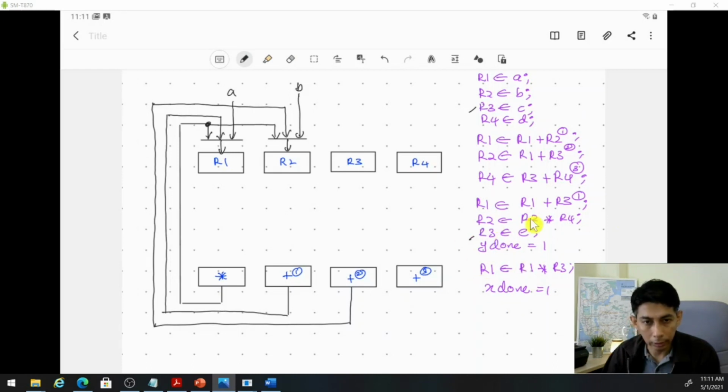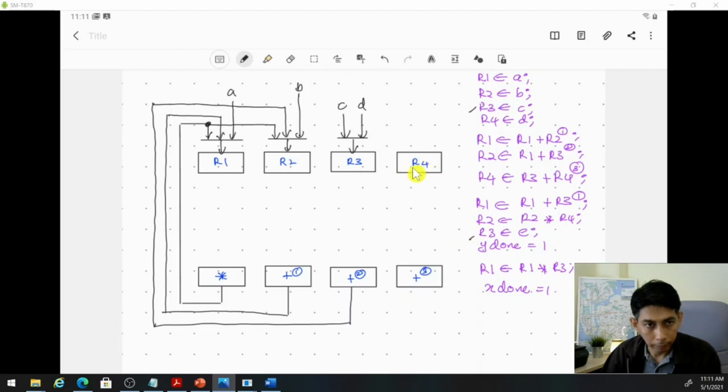There is no other input for R3 except these two, C and E. So again, we have 2 to 1 multiplexer here. First is C, the second one is E. Okay.